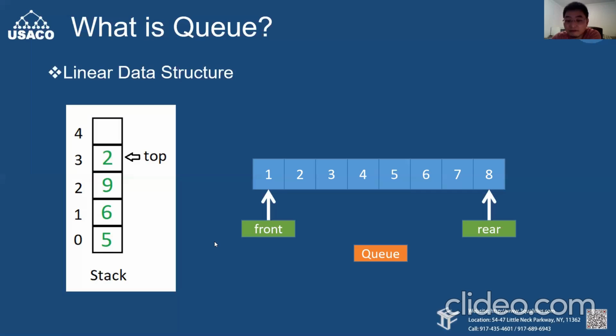Yes. First in what? Last out? But that's a stack, right? But what about the queue? When you line up in the school, first in, first out. Yeah, first in, first out. Last in, last out. That's queue.